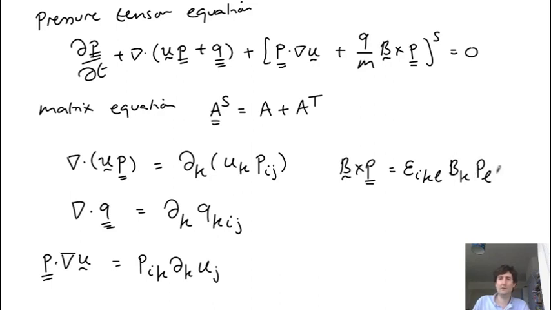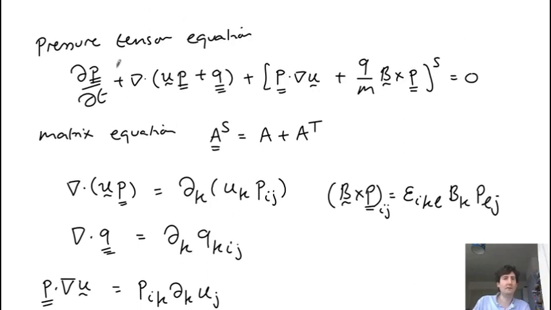So these 2 indices are being summed over. It's the first index of p which is operated on, and the second index survives, and the overall result just depends on ij, as with all of these other terms too. So hopefully this notation is reasonably clear. If it helps to translate it into indices, this is how you do it. Otherwise, essentially, the convention here is that operators act on the first index of tensors.